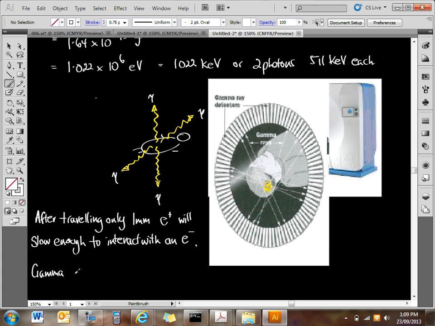Gamma photons are emitted in opposite directions.